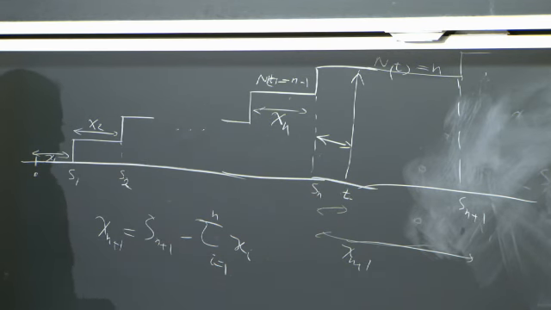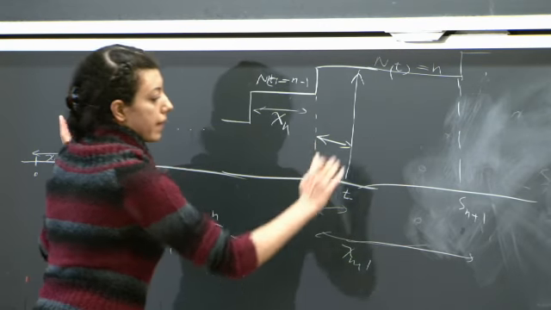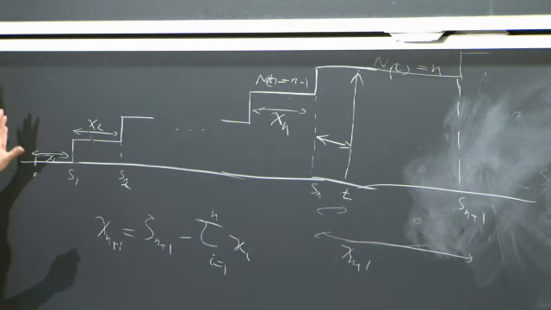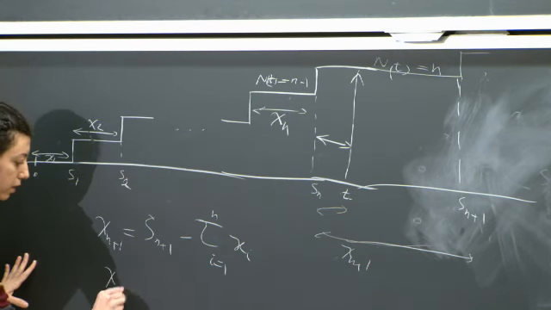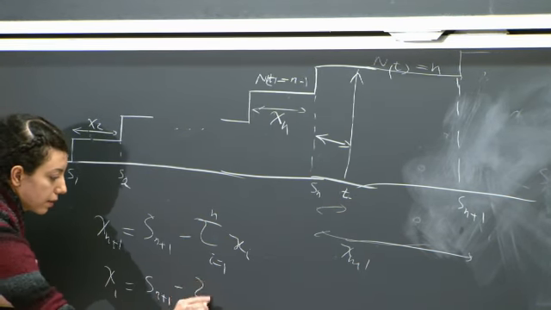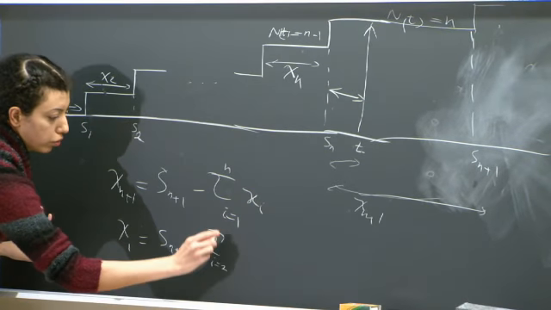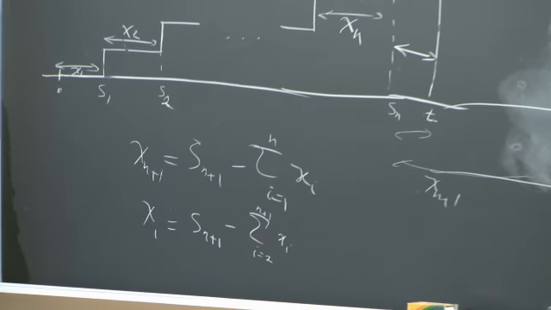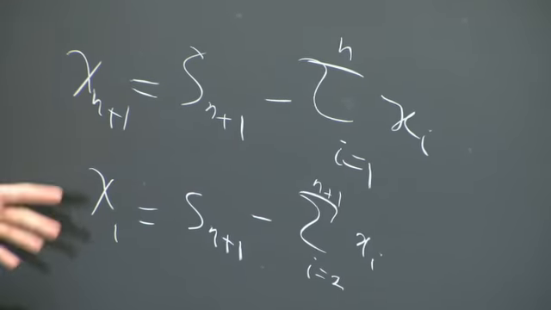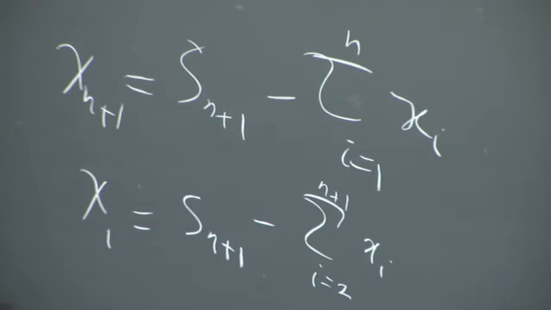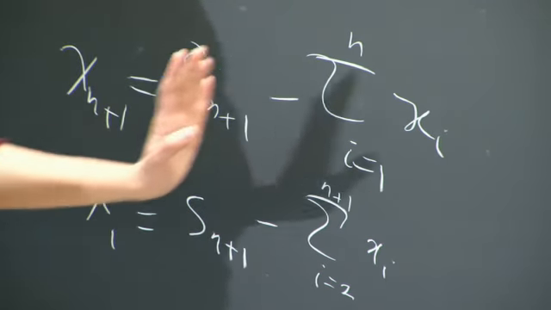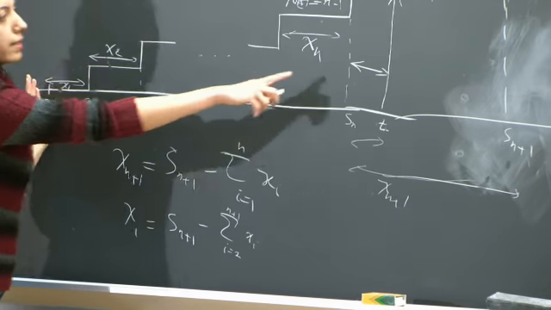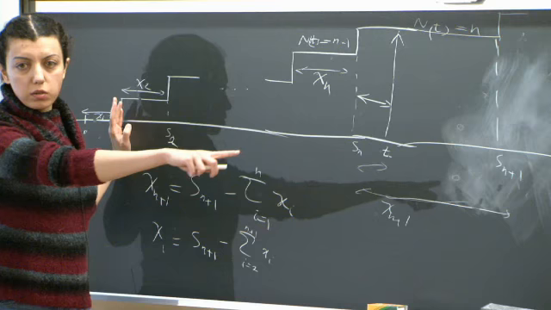But if I find the distribution of x2 to x_{n+1}, conditioned on this thing, and then find x1 from them, you can say that x1 is equal to S_{n+1} minus the sum of x_i from 2 to n+1. We have this formulation. So it seems that there's no difference between them, and actually there's not. Conditioned on S_{n+1}, we have the same distribution for x1 to xn or x2 to x_{n+1}.